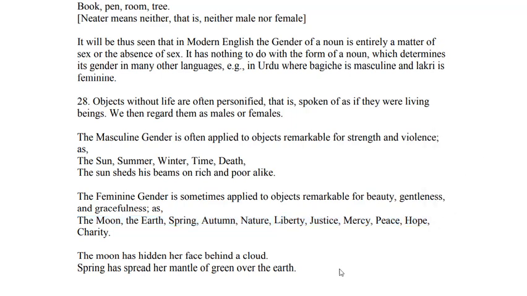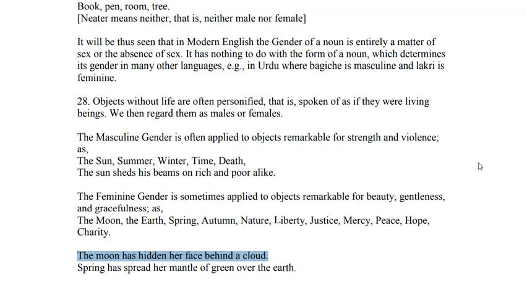Look at this example: the moon has hidden her face behind a cloud. This sentence is about the moon, and the moon is an object of neuter gender.